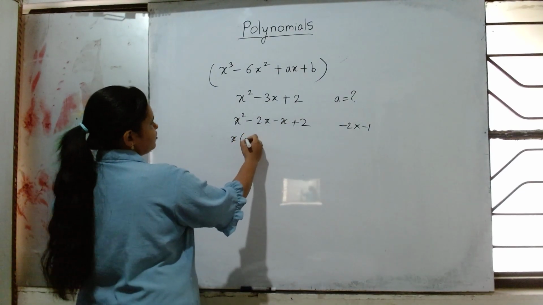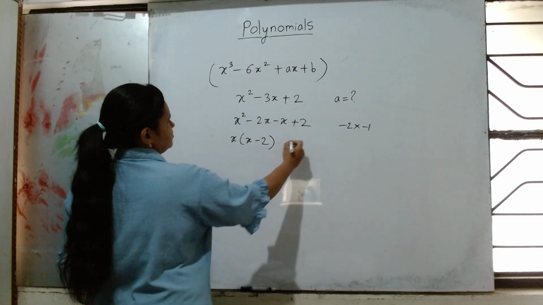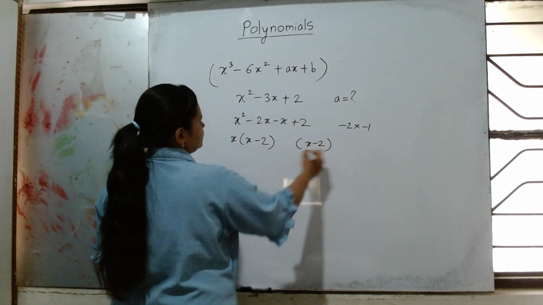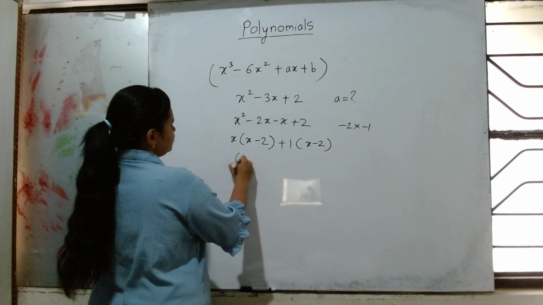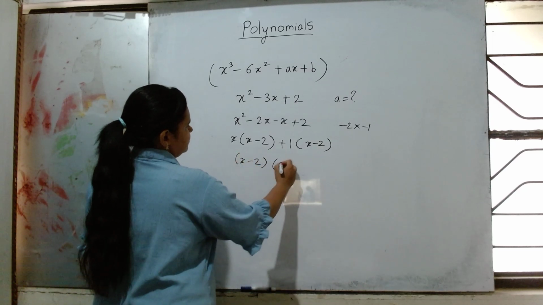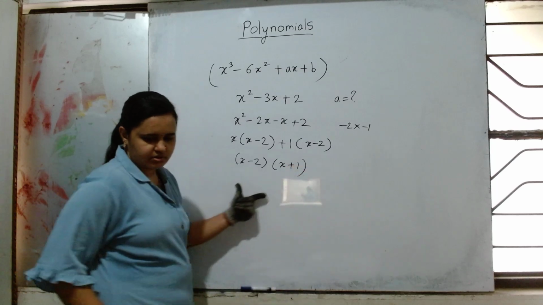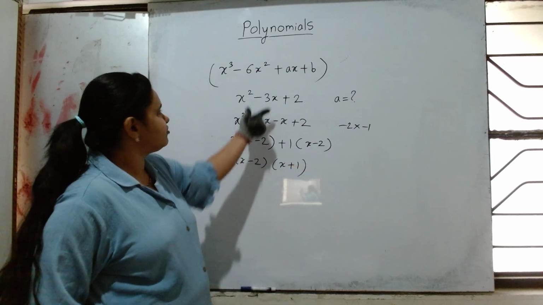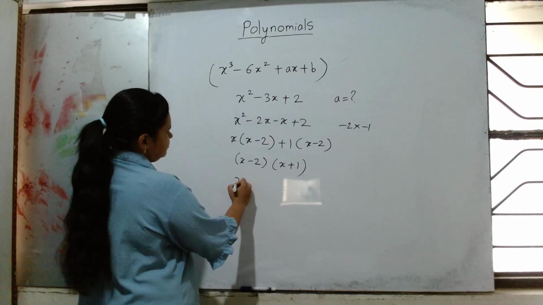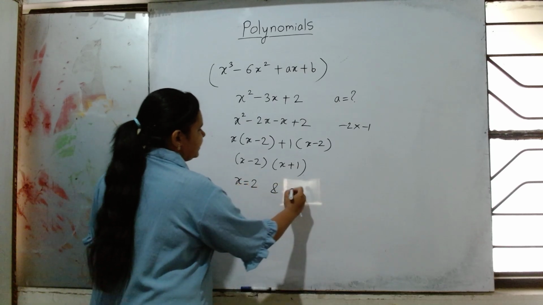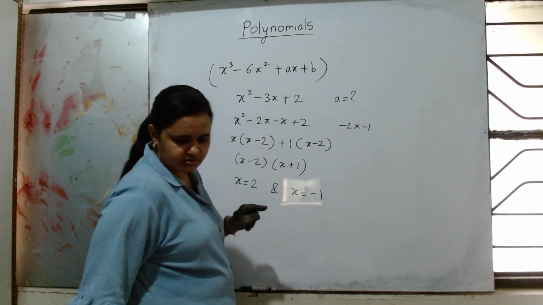So x we will get common, and x minus 2 is also common here, plus 1. So x minus 2, x plus 1. These both are the factors of this polynomial. So we can get the value of x equals 2 and x equals minus 1.